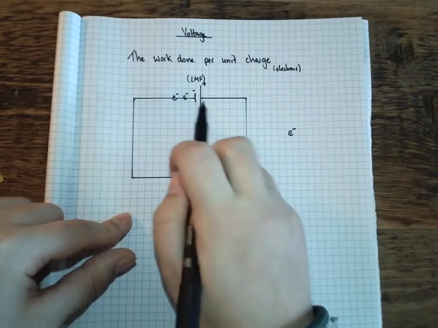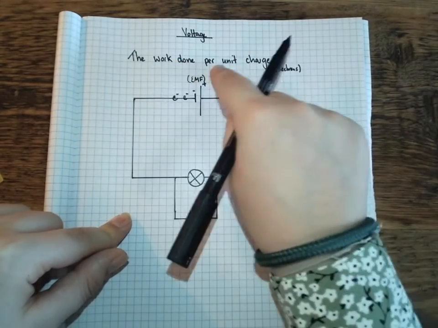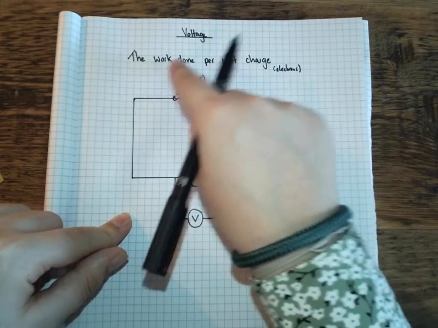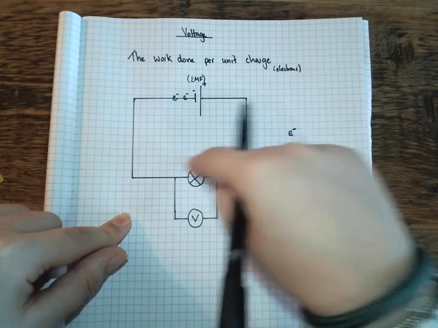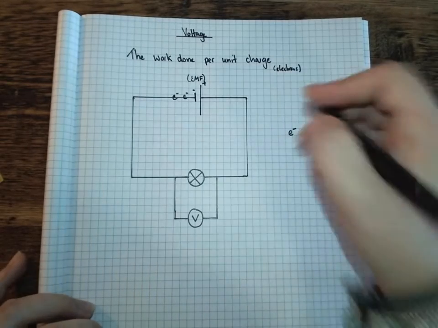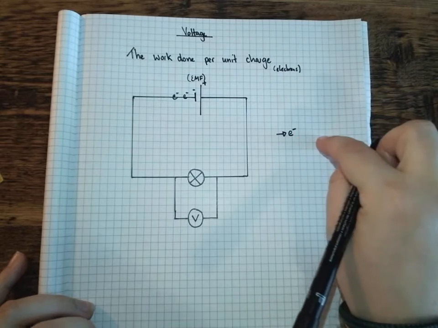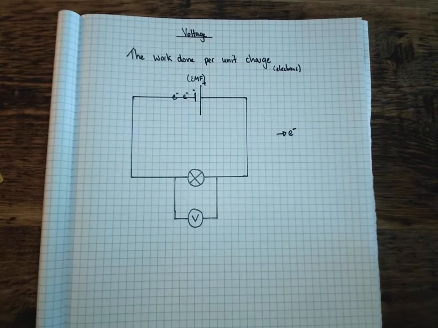Remember our electrons are moving through our wires, that's our current moving round. So the work done per unit charge is how much work is being done per electron to make it move around the circuit. It's the amount of push that's being given towards those electrons to make them move through. So that's what we call the EMF.